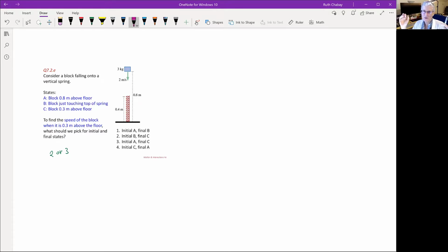You can solve energy problems just by looking at initial and final states and looking at differences. So if we take 2, initial state is B, let's say I is state B, and final is state C. Then we still have the energy principle.